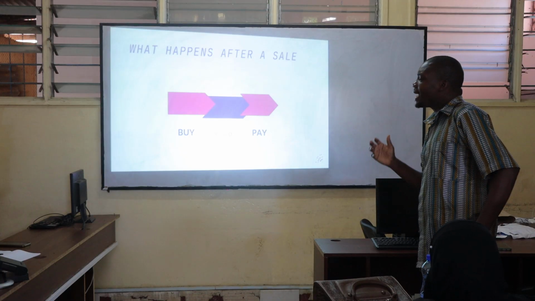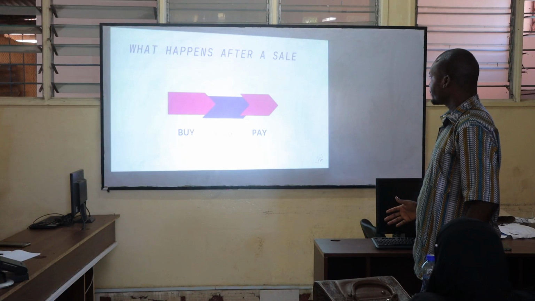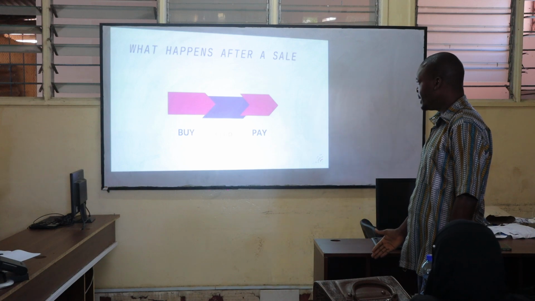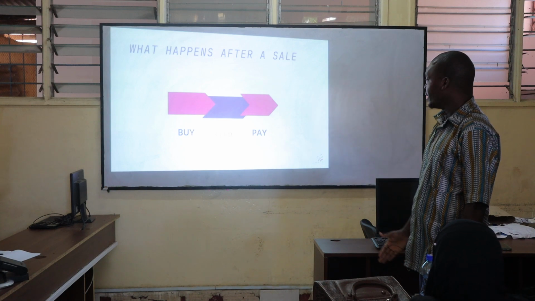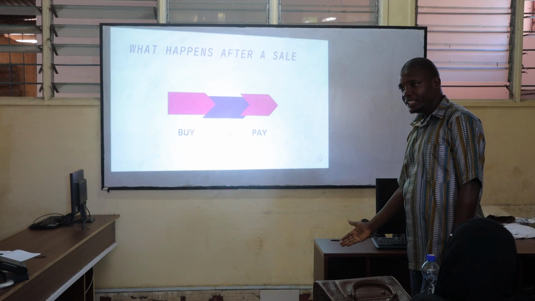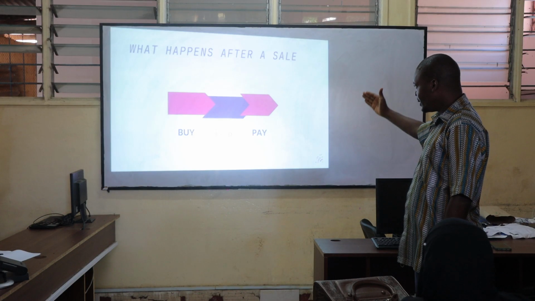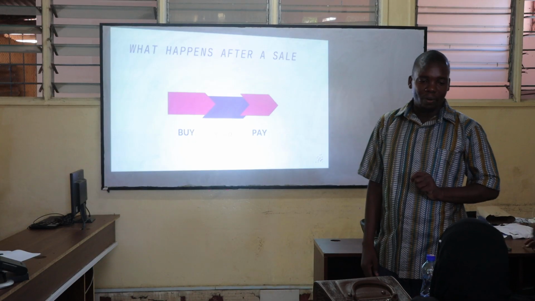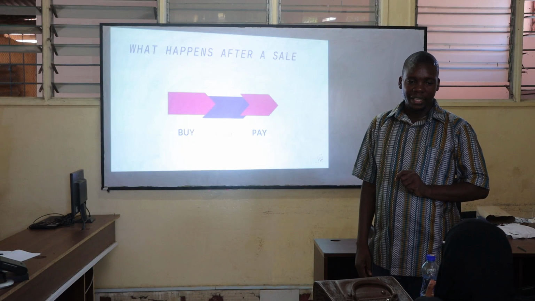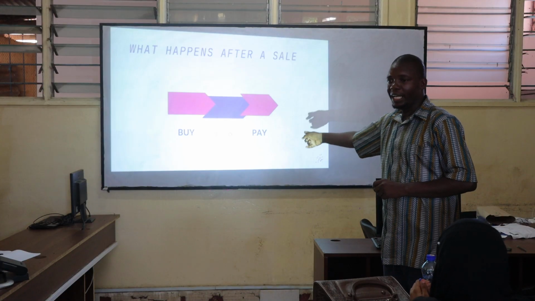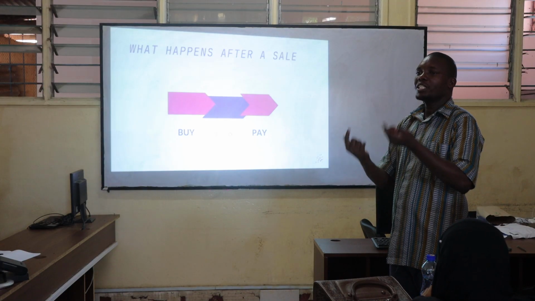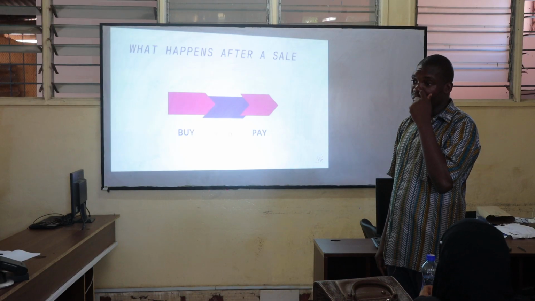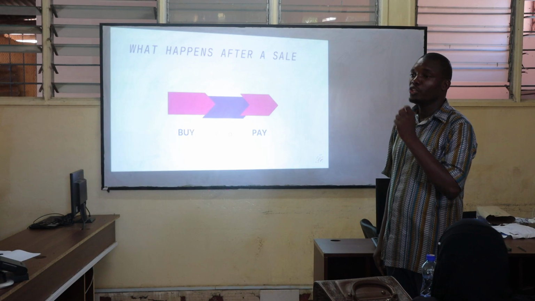So what happens after sale? Number 1, there is the buying, right? Then after buying, you do the shipping. Then after shipping, the payment. That's why in Jumia, you will spot what you want. Then it is them who will do the shipping. Once the product comes, they tell you it is at a particular location, or maybe you want them to bring it where you are, you tell them.